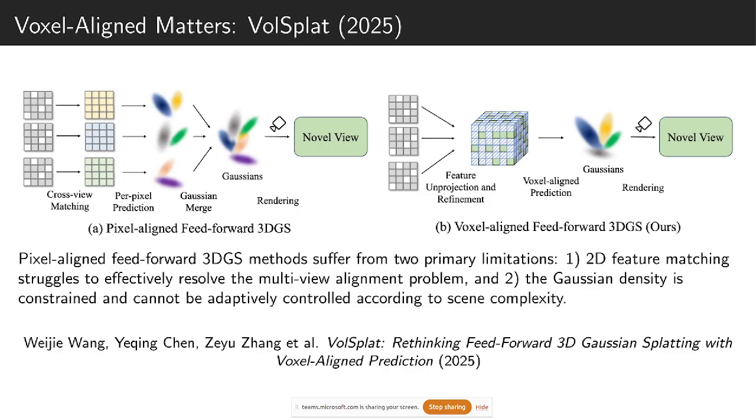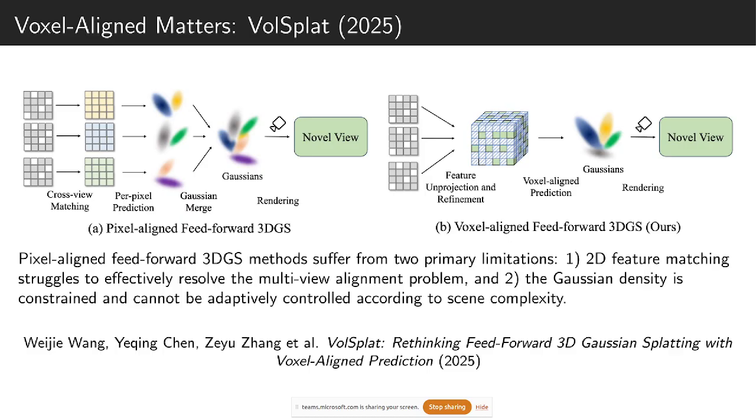So instead of doing per-pixel prediction for each view, we perform voxel alignment. We perform a feature unprojection of our image features, like image embedding, and we perform a refinement, which is basically some sparse convolution, and the result is we have a voxel-aligned representation.